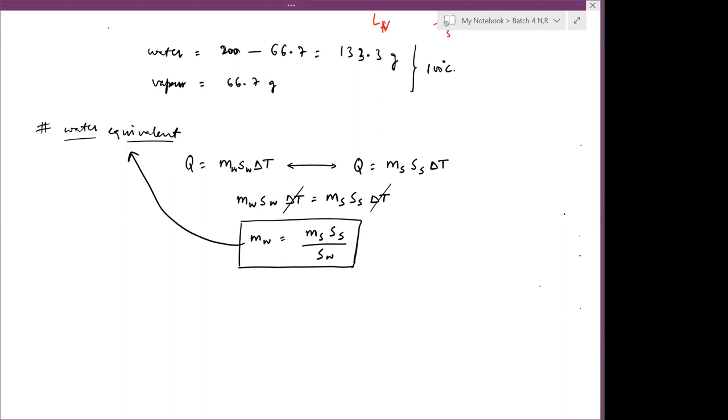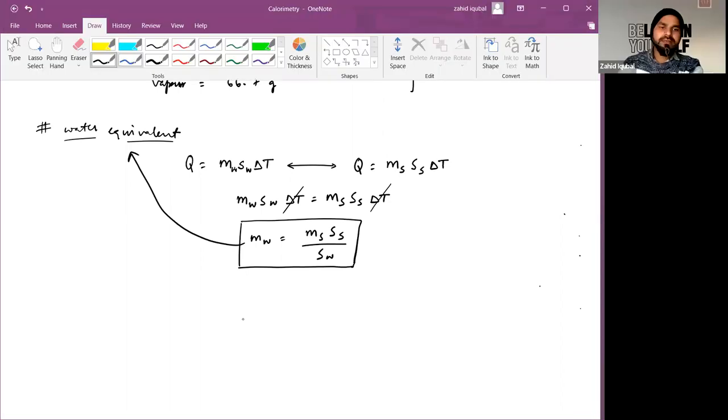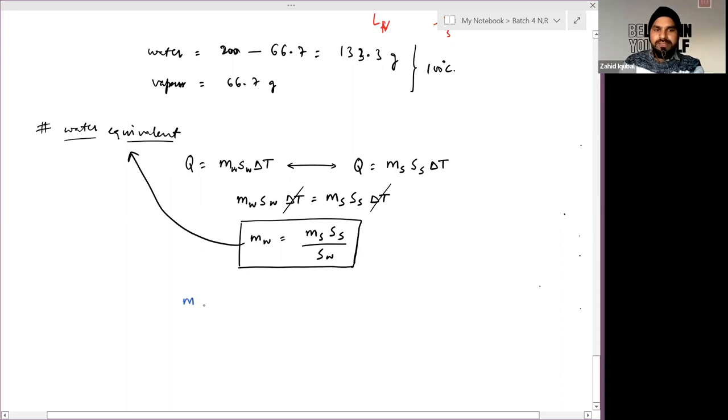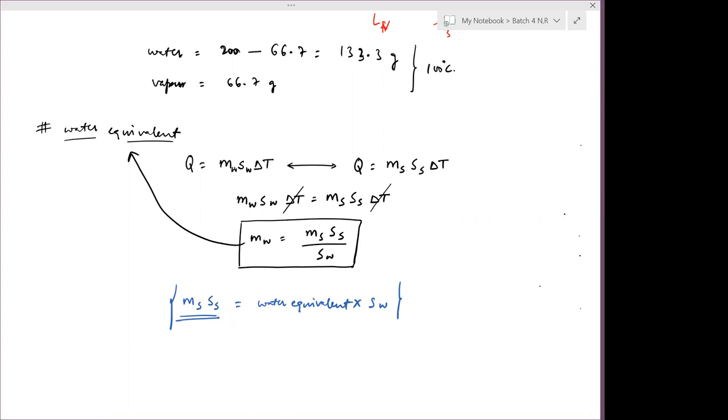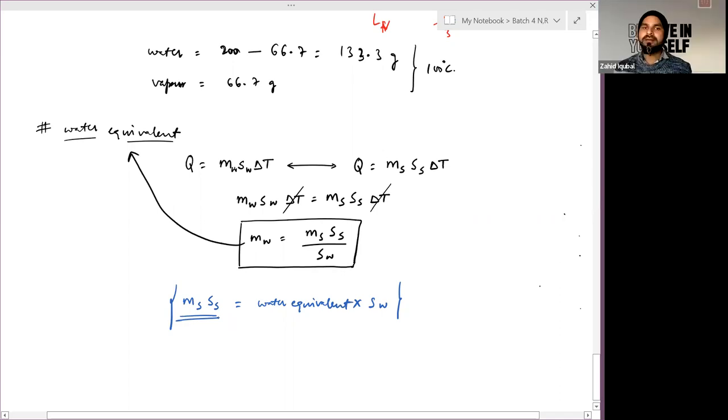Yes, sir. So from this, we may write mass of substance times specific heat capacity of that substance equals water equivalent multiplied by specific heat capacity of water. Is it clear? So this is how much amount of water you need to achieve the same cooling effect as a substance, right? Yeah.